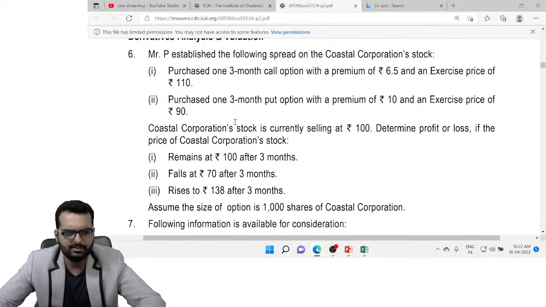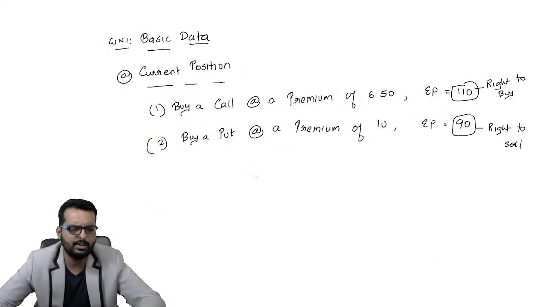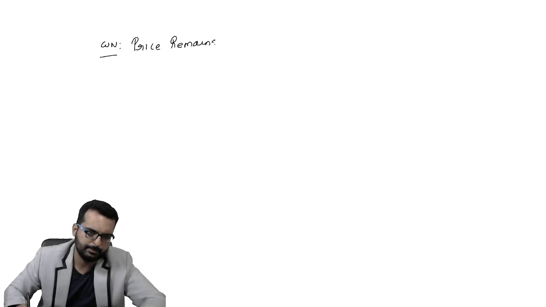Now they are asking, it's currently selling at 100. Find out the profit and loss if the price remains at 100, falls to 70, rises to 138. So there are three scenarios that are given over here. I'll go to the next page. If price remains at 100.